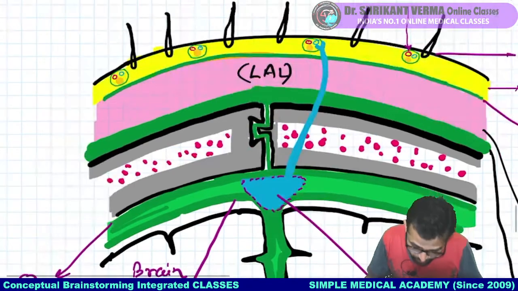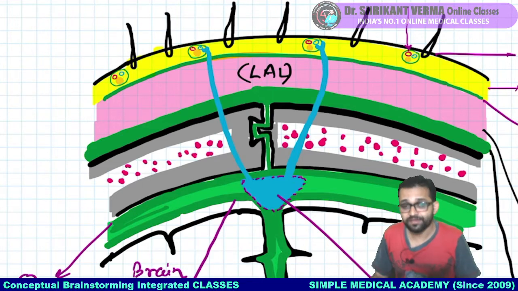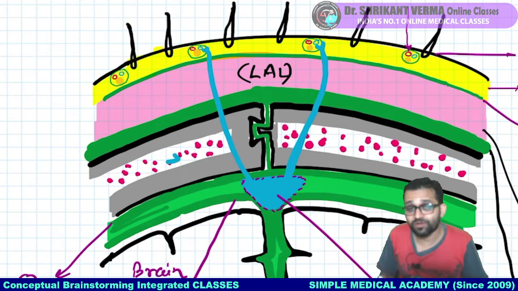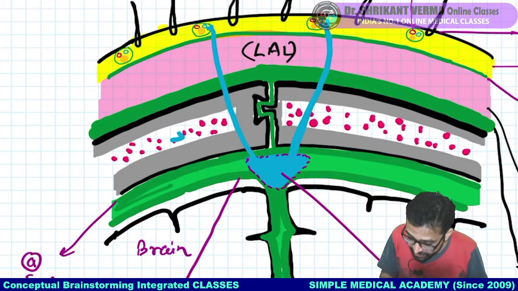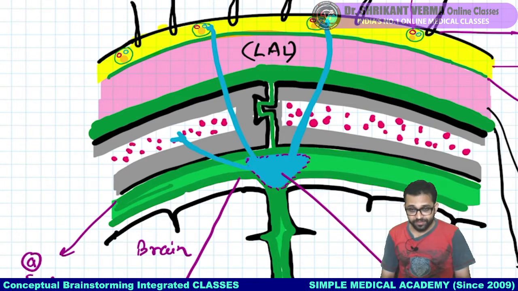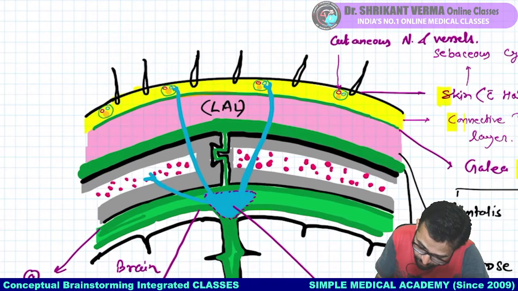Okay, so here you can observe our emissary vein, and later I will teach you one more venous channel which joins the bone marrow site, the extramedullary hematopoietic site, to these dural venous sinuses. These are diploic veins. Getting the point? Okay, so what I taught you right now, two important facts.